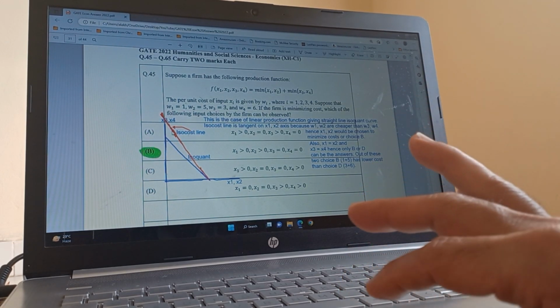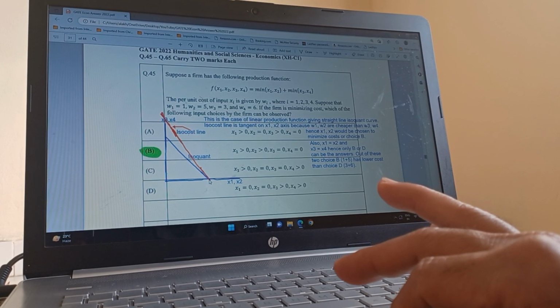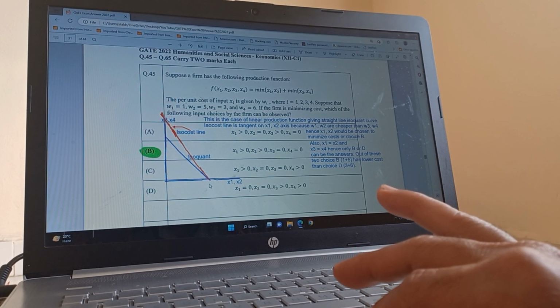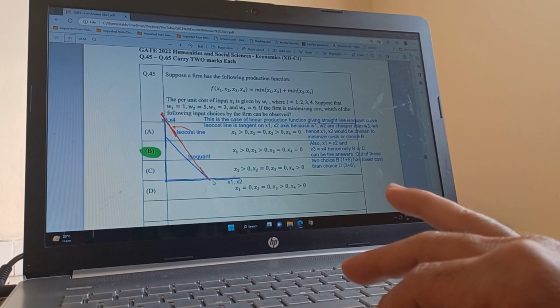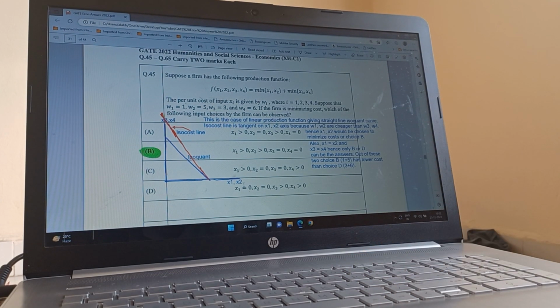So graphically you see that the tangency point is on the x-axis, where the isoquant starts, at the bottom of this horizontal axis. It is x1 and x2 that will be chosen. Now let's see why this happens.